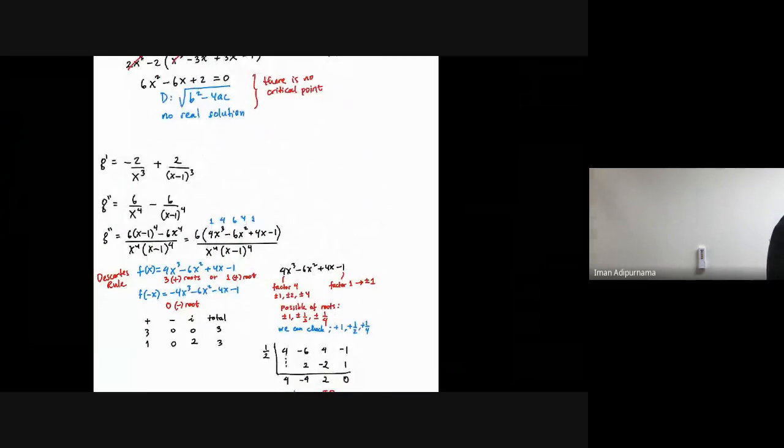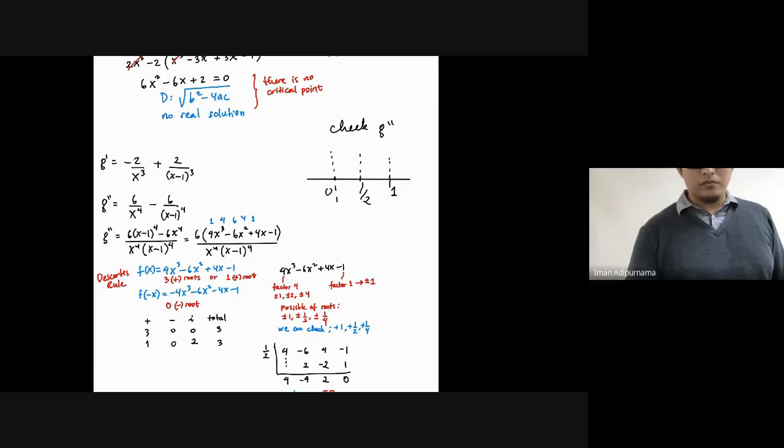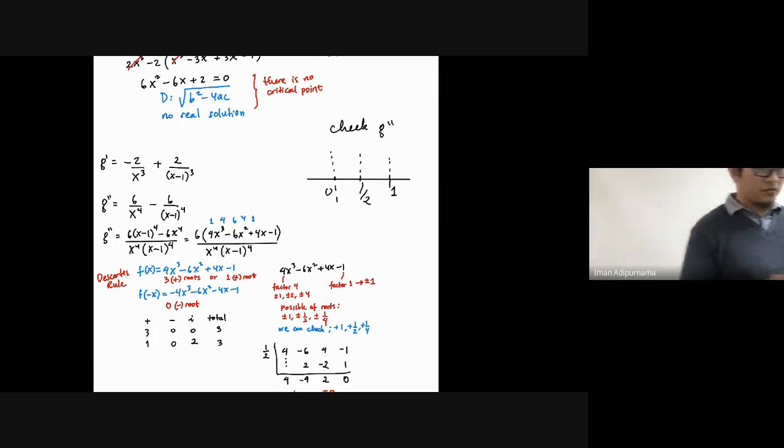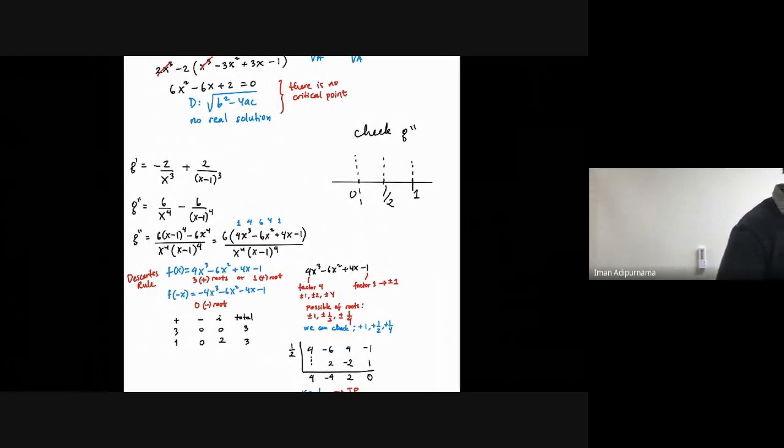So we can also check the g double prime. We have half, we have 0, we have 1 as our asymptotes. Now we check our points 0, half, 1, and check in between.